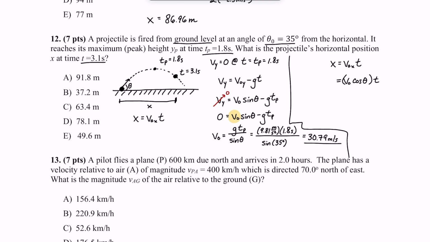At this point, I just found v naught, I was given theta, and t, I'm told, so I have all the information I need to start plugging in numbers. 30.79 meters per second for v naught, cosine 35 degrees for the angle, and I want to know the distance at t equals 3.1 seconds because that's what the problem asked for.